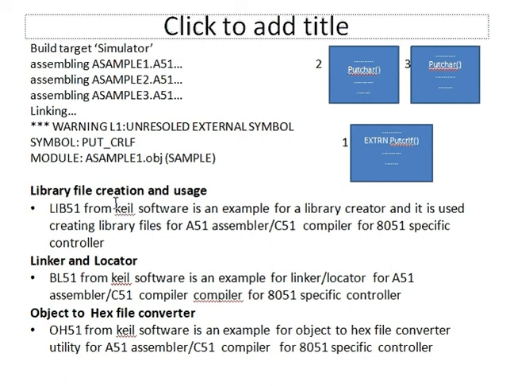Fine. Then we have library file creation and usage. We can try to create our own library. You have a facility for that. We will try this, since in part B a few experiments we have already covered. We will try to explain the hex key keyboard experiment, wherein we will be using the LCD module, but the LCD module program was already explained.